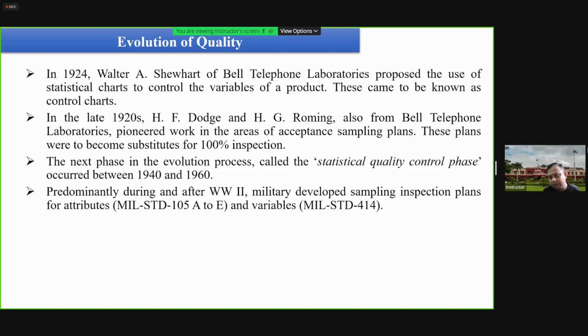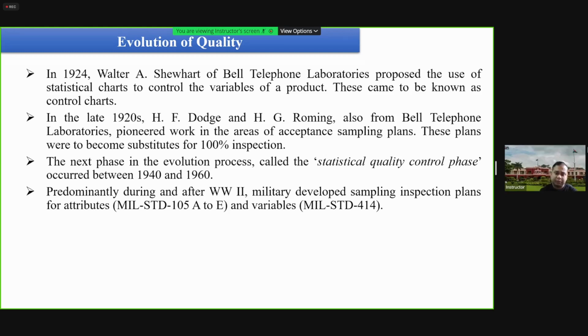And during that time, during the 1950s, as we discussed in the earlier class also, there are certain quality gurus who are important people in the development of quality management techniques.